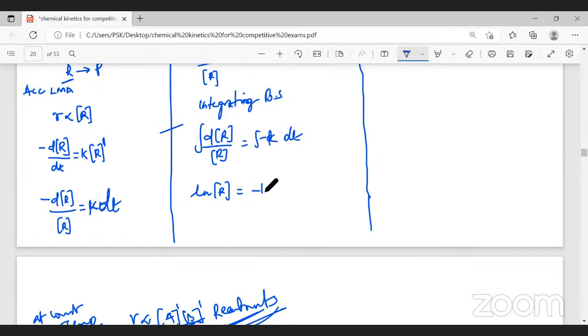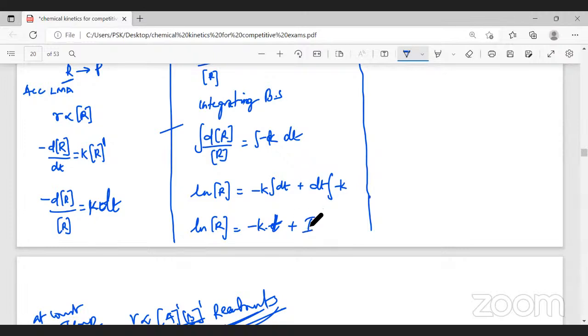We'll keep minus K as constant and integrate dt. So natural log of r is equal to minus K into t. Integral of dt is t, as we have been learning, plus an integration constant.